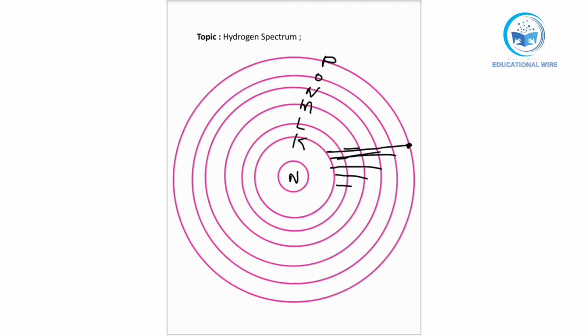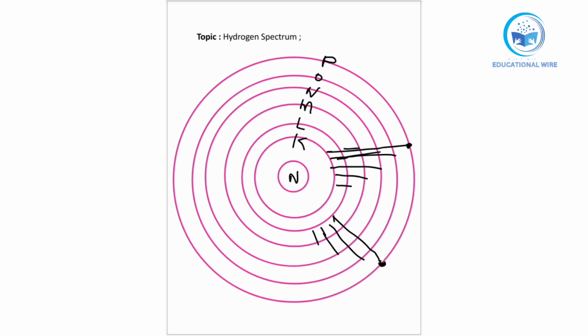Next, talking about the Balmer series, the electron is in the L position. This is the L position. From the L position we heat up the electron over here. After that, the electron comes down and gets stable at the L position.